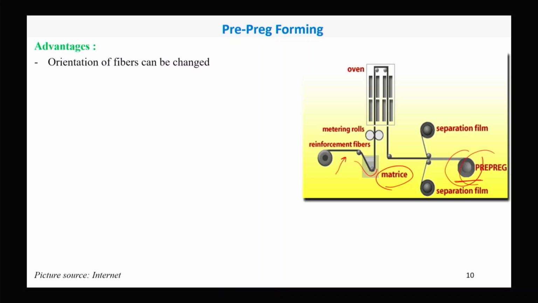The advantage is that the orientation of fiber can be changed. We can keep different orientations of fibers here. Then uniform distribution of fiber and resin with low void. Here you can have lower void content.